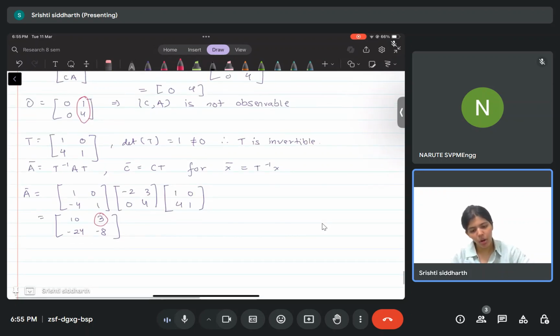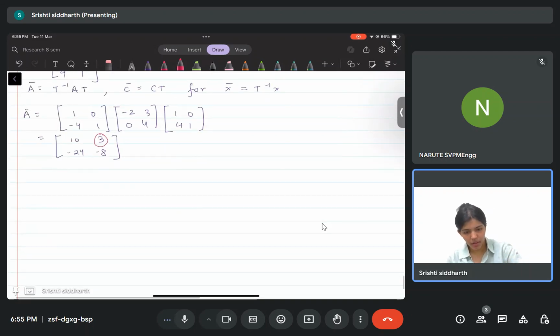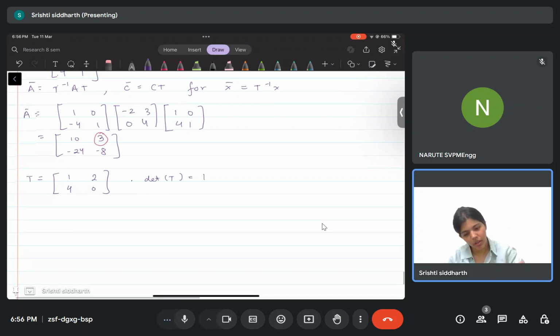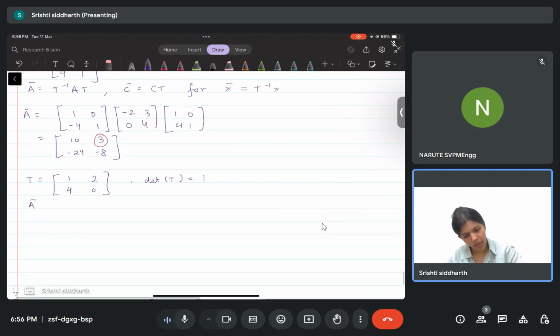We already have one column from the observability matrix, so we'll guess the matrix T again. We have 1, 4, and let's say we have something like 2, 0. The determinant is... sorry, the determinant is -8. So T is invertible, and we divide by 8. T inverse is 1 by 8 times 0, -4, ... Now let's find out what A bar is.